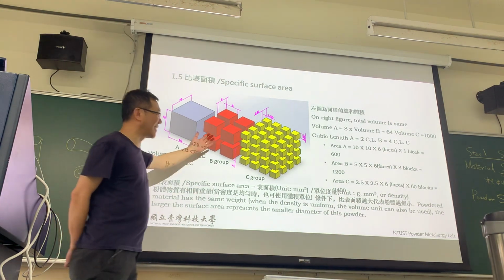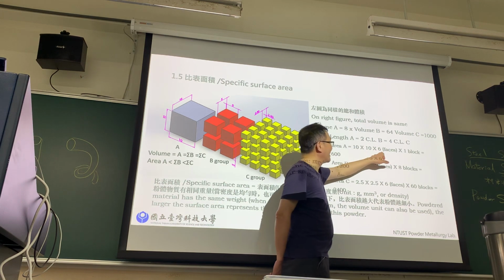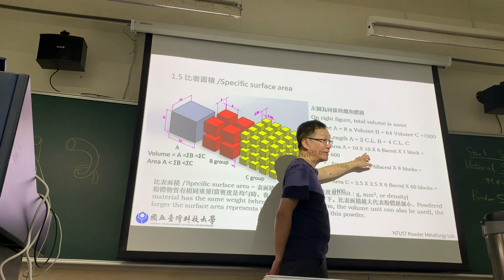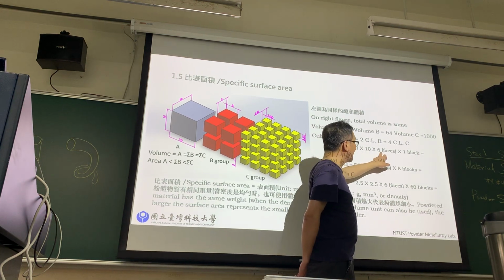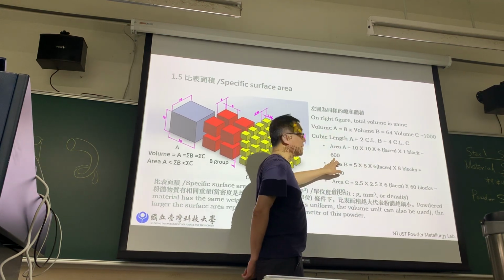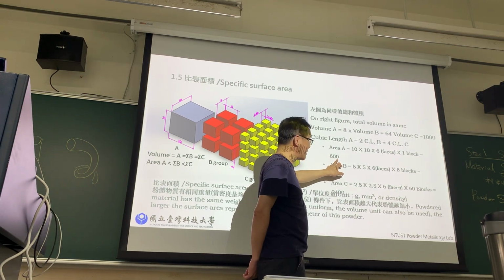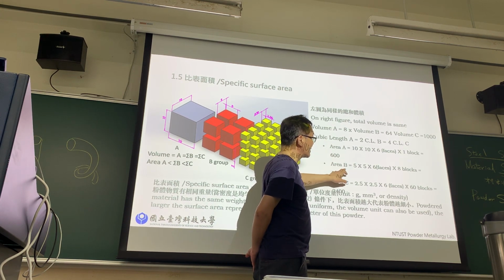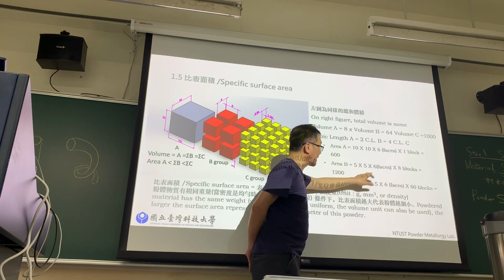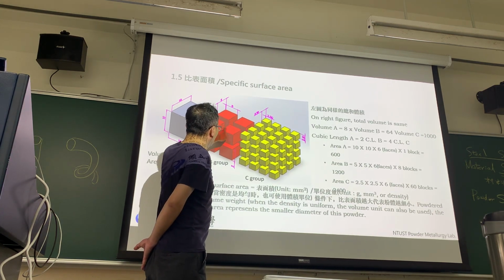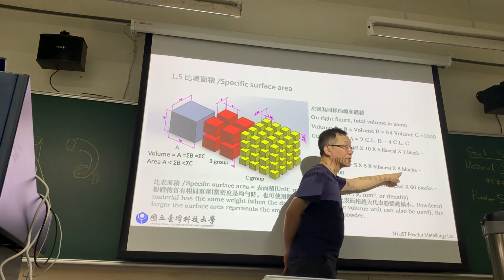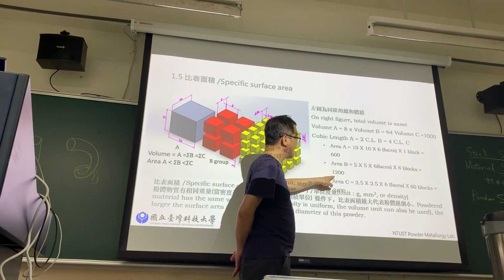This one has 6 faces, so 10 times 10 is the area, times 6 faces for 1 block, so the total is 600 unit squared. Then for this one it is 5 times 5 and 6 sides, but with 8 blocks in total, so this one is 1,200.